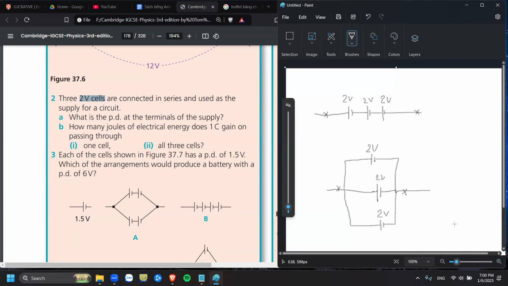You answer. The answer is 2 volts, because they're in parallel. So remember, in series circuits, the voltages add up. But in parallel circuits, they do not add up, right?